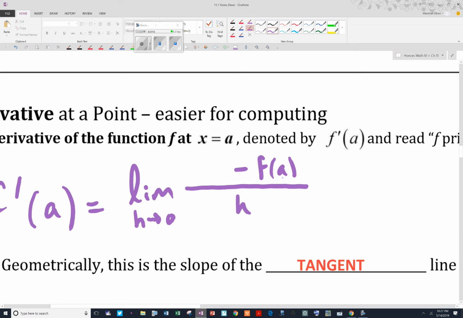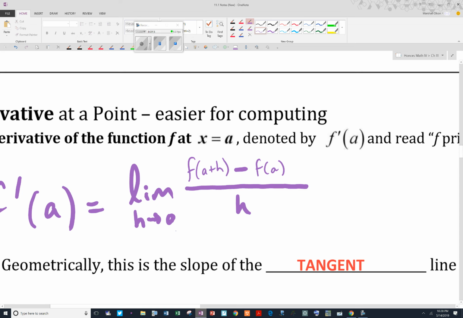The other would be different, the x value would be different by an amount h, because remember we said h is the difference in the x values. So that means that the other one must be f of a plus h. Okay, let me write this with a thinner mark here. f of a plus h minus f of a all over h.